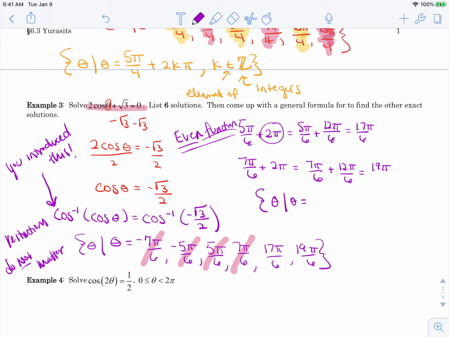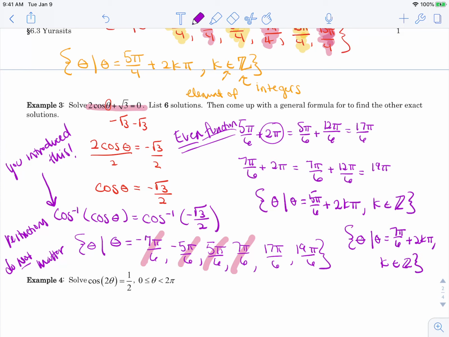You know, honestly, even in the negative direction, but just to be consistent, I'm going to go in the positive. 5 pi over 6 plus 2k pi, where k is an integer. And then the other one is theta such that theta equals 7 pi over 6 plus 2k pi, where k is an integer.